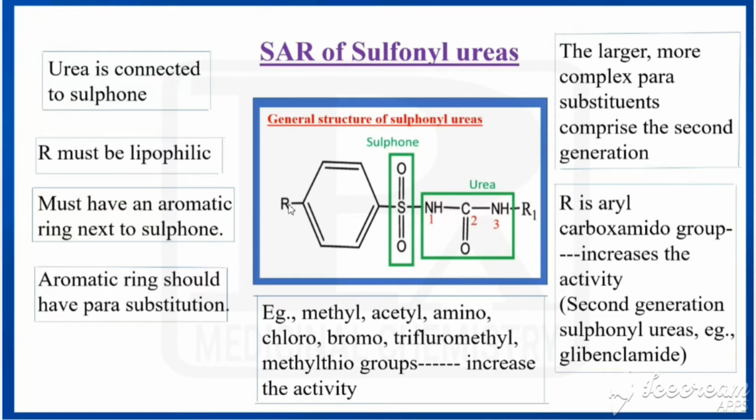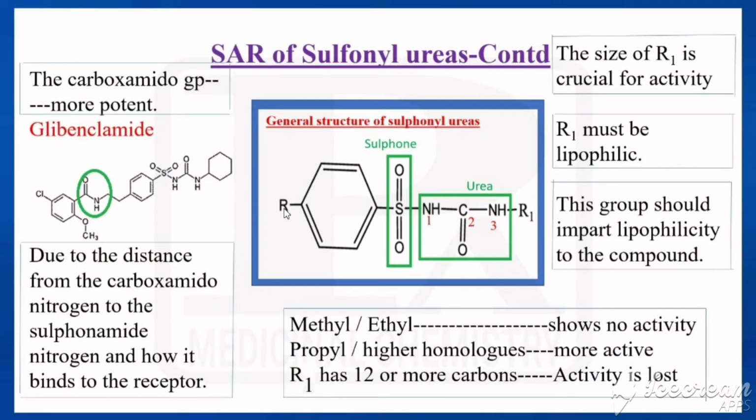So in place of R, if we introduce an aryl carboxamido group, the activity would be increased. This is mainly for second generation sulfonyl ureas. For example, glibenclamide is a second generation sulfonyl urea. The carboxamido group gives a more potent compound.